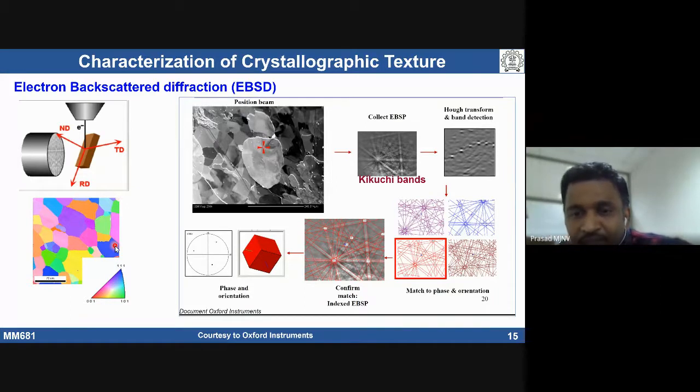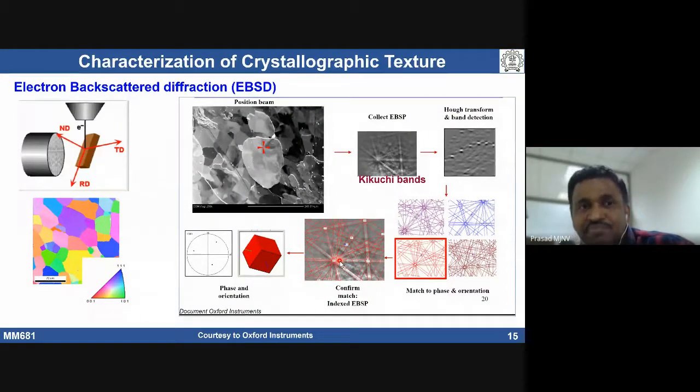I don't know whether any of you are doing a transmission electron microscopy course, but there people talk about this Kikuchi pattern. There we talk about elastic and inelastic scattering, and discuss how these bands are going to form. This is electron diffraction related.